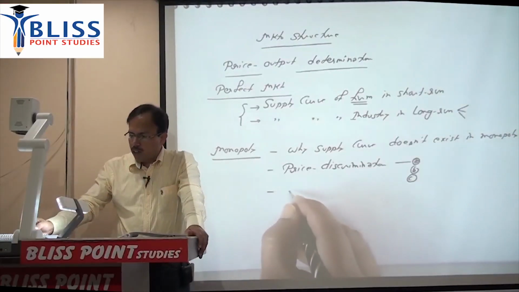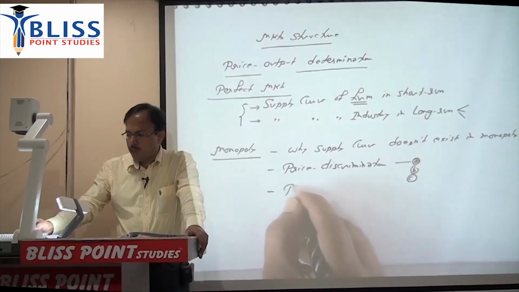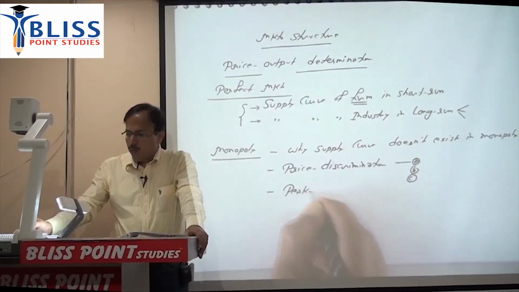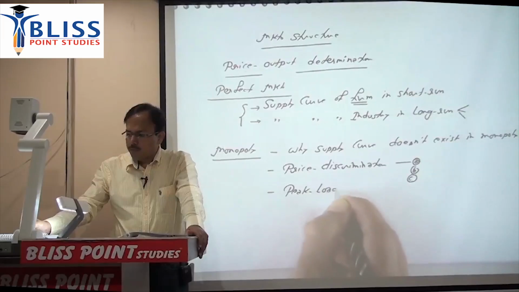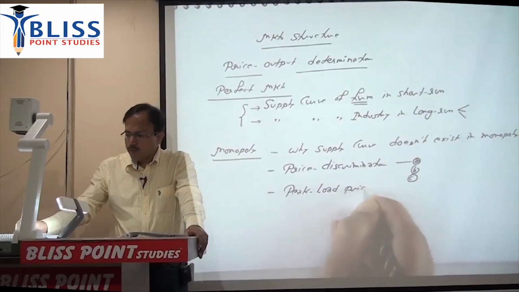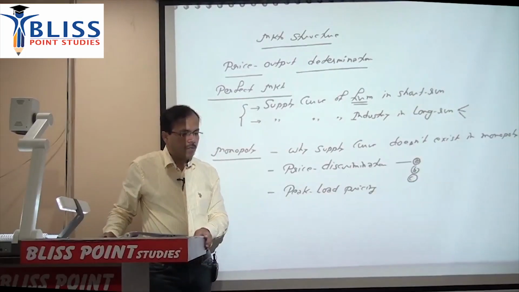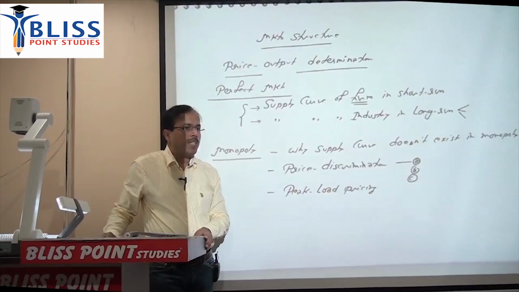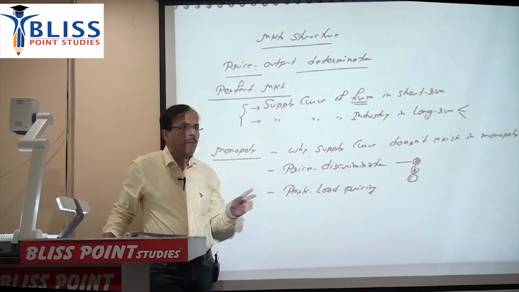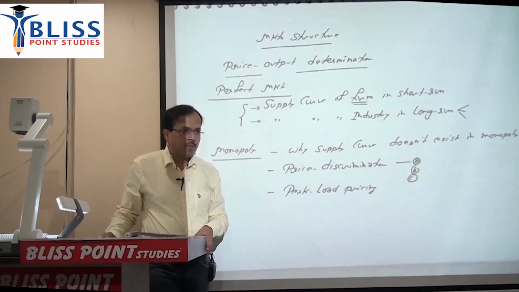Then another form of pricing practice by monopoly is peak load pricing. That is why during weekend theater prices are more, and during weekdays prices are less. That is an example of peak load pricing.